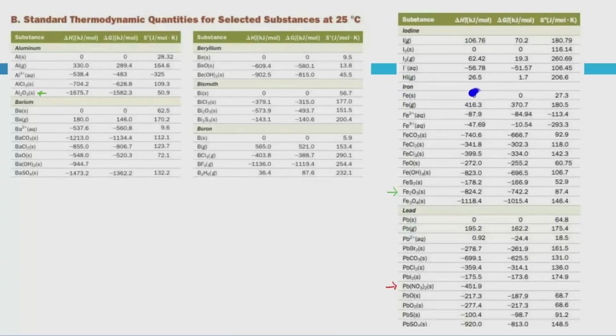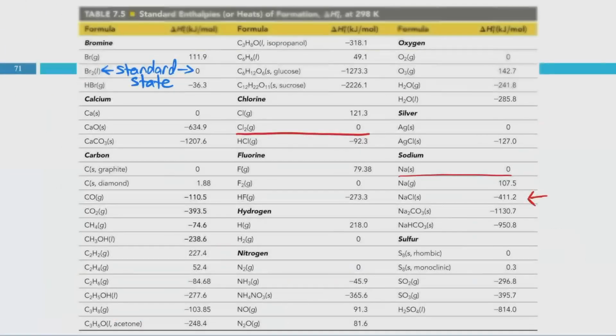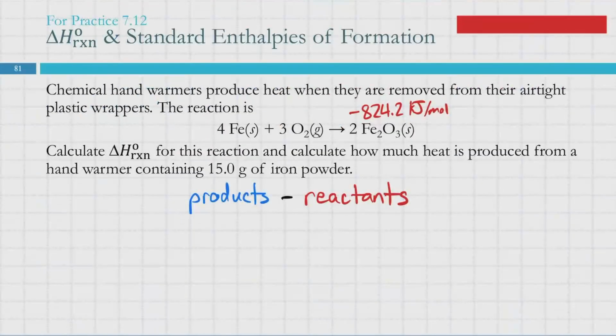Look at that, the delta H of 0. Very convenient. And then we'll go back to the other table that has our oxygen in it. We had O2 as a gas, and it's got a value of 0, which is very convenient. So we've got values of 0 and 0, also with units of kilojoules per mole.